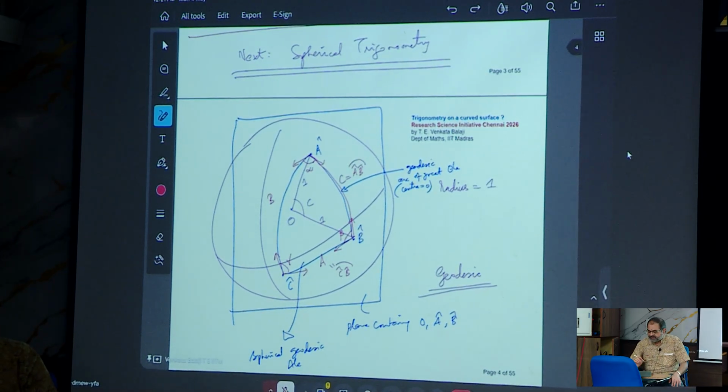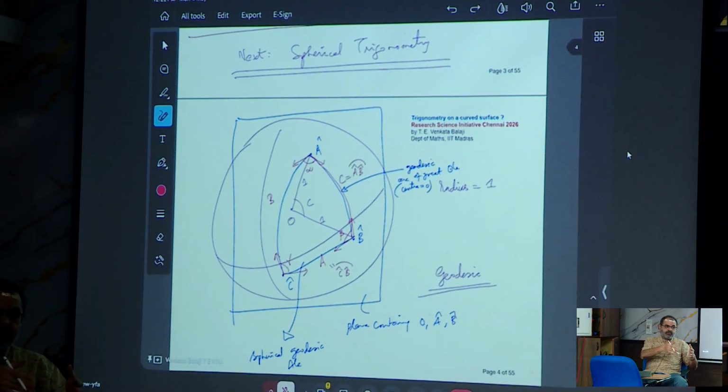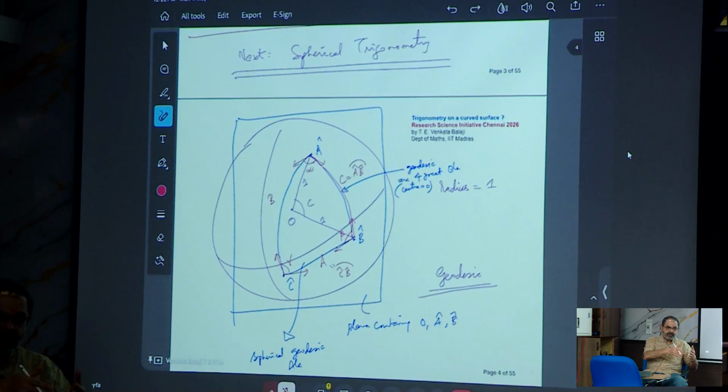So I told you the nice thing about spherical trigonometry is that you start by looking at triangles drawn on the sphere, all right, and then you want to do trigonometry with that, okay. Now, the point is that whenever you do something, if you do it too arbitrarily, you will not get anything. The point is that you should know what to relax and try to hunt for, whether that's going to give you something.